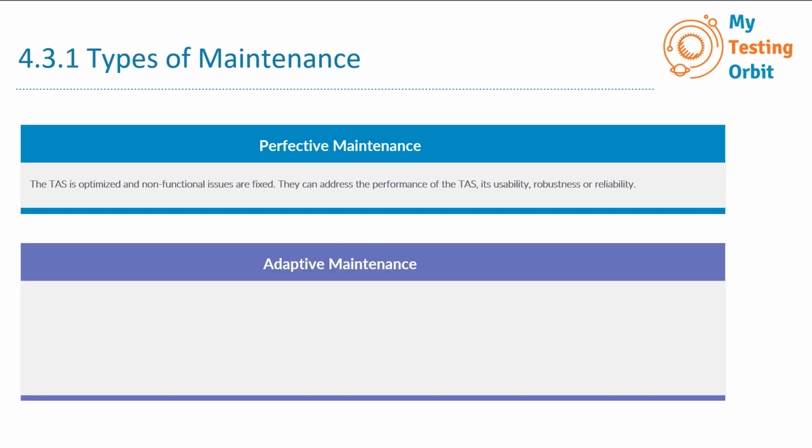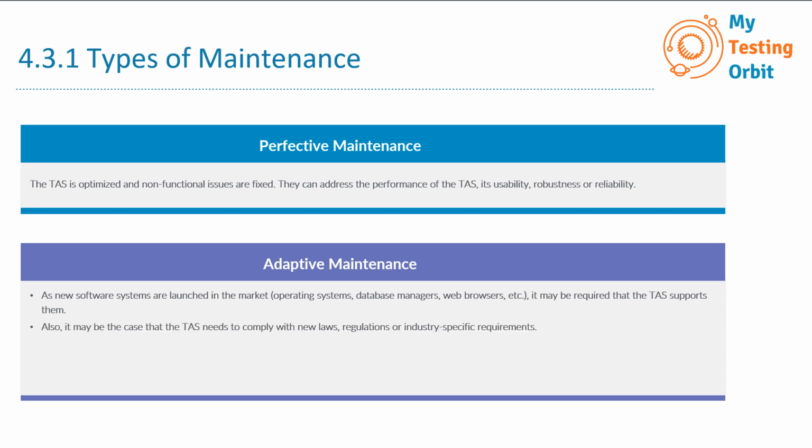Next, we have adaptive maintenance. As new software systems are launched in the market, operating systems, database managers, web browsers, etc., it may be required that the TAS supports them. Also, it may be the case that the TAS needs to comply with new laws, regulations, or industry-specific requirements.